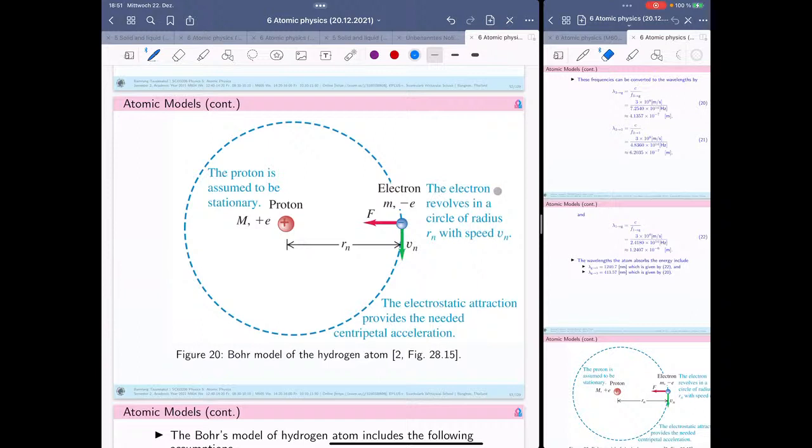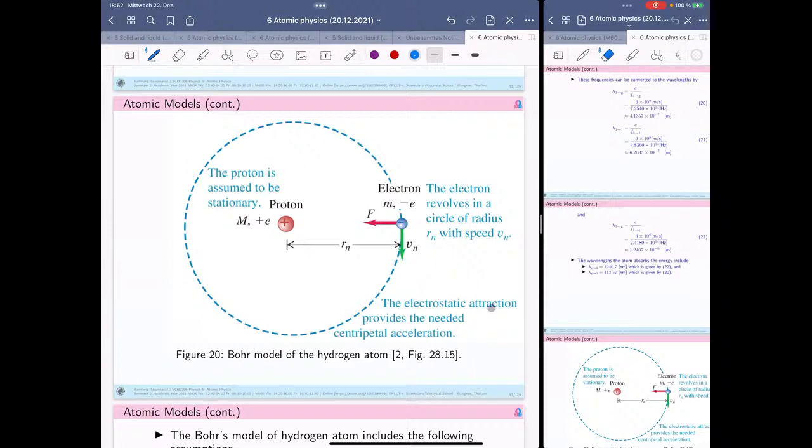The electron revolves in a circle with radius r_n, measured from the center of the proton to the location of the electron, with speed V_n. The tangential speed is said to be V with subscript n. n is the index of the orbit, or let's say it's a quantum number.